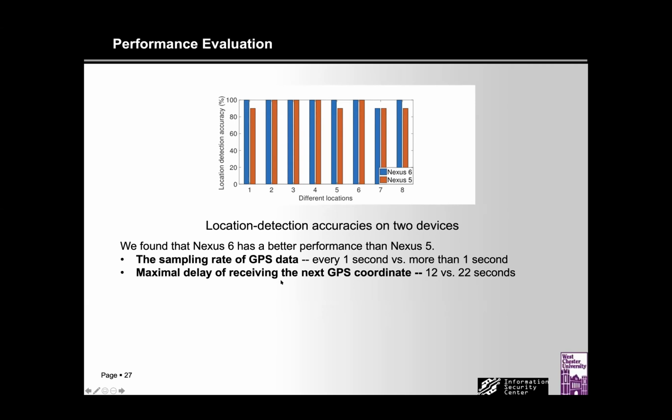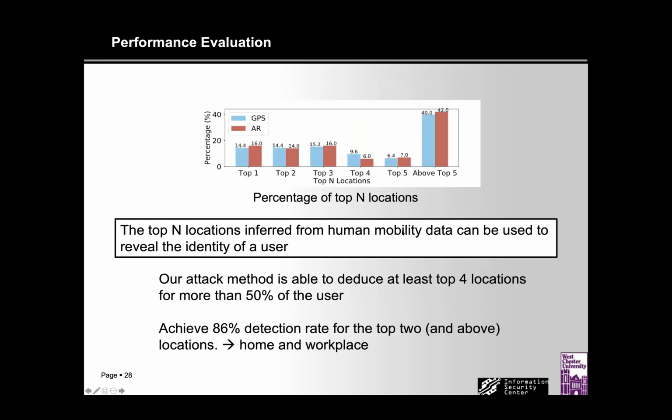Due to the hardware restrictions, the Nexus 6 allows the user to wait for 12 seconds to receive the next GPS coordinate. You can consider it just like a cooldown time. While for the Nexus 5, the cooldown time is around 22 seconds.